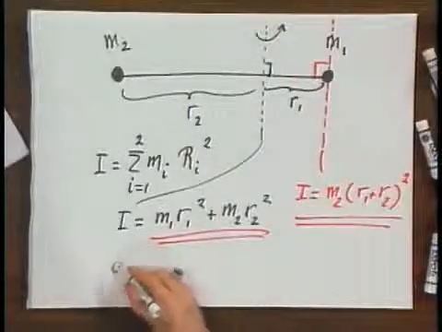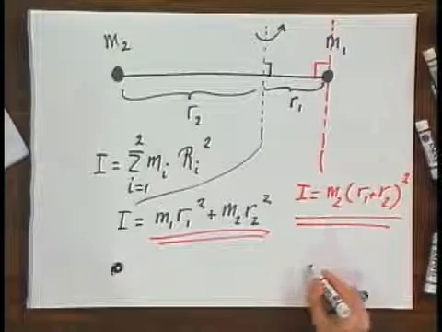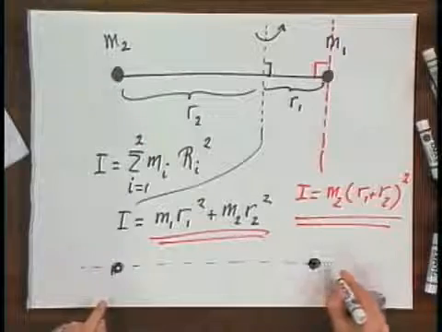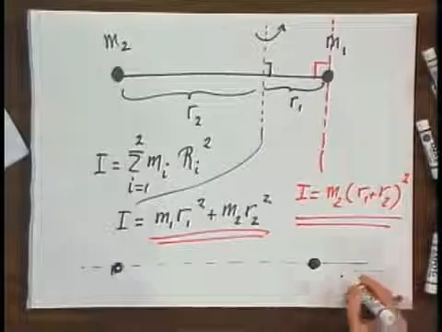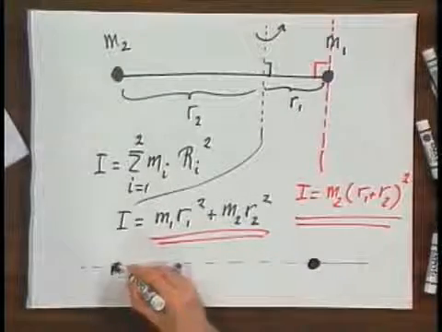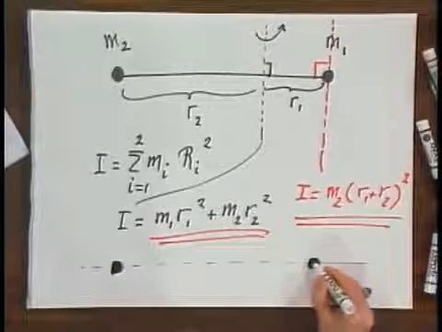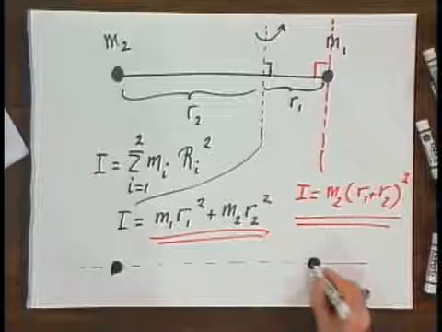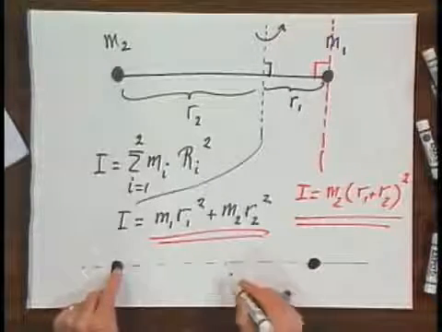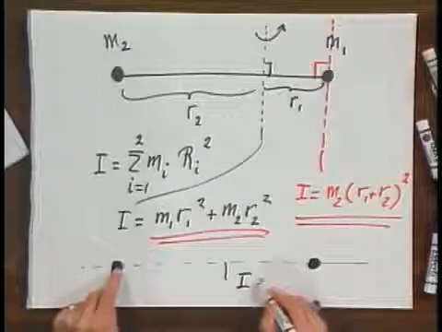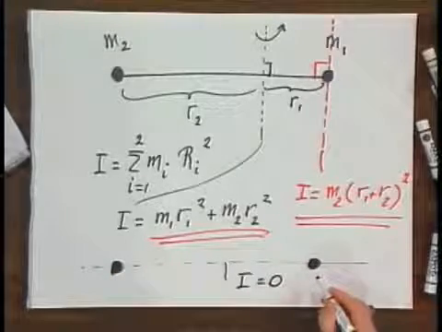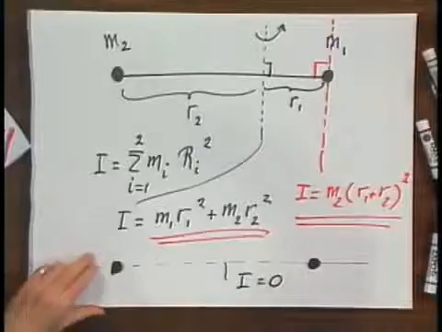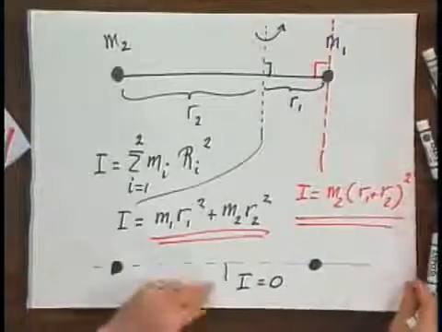Because if here is that point mass m2, and here is the point mass m1, and here is the massless rod that connects them, clearly, if this is a point mass, the distance of this mass to this axis of rotation is 0, both for this one and for this one. So here you would have a moment of inertia which equals 0. So there is a huge difference about how you choose the axis.